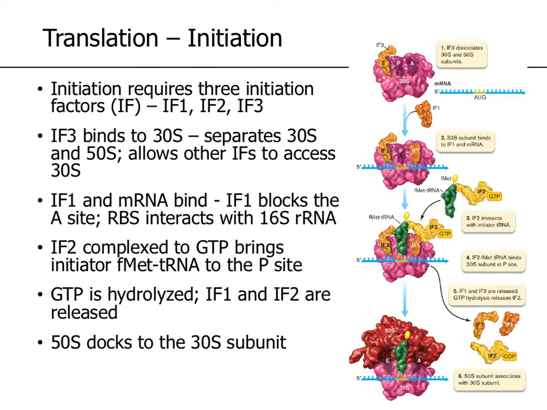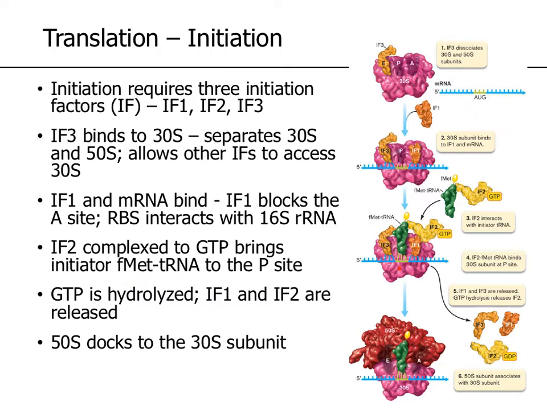The thing to remember about translation is that everything requires energy, and the energy in this process comes from GTP. So it comes in with GTP attached to IF2 with the fMet tRNA, and that comes into the P site, because remember the start codon AUG corresponds to methionine.